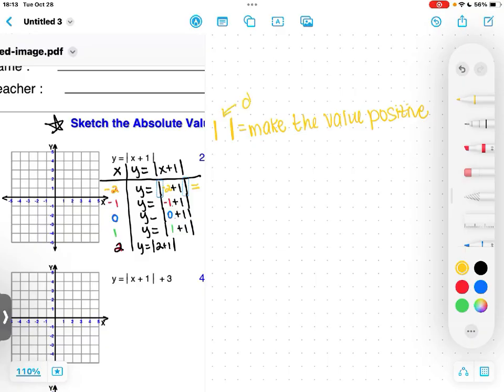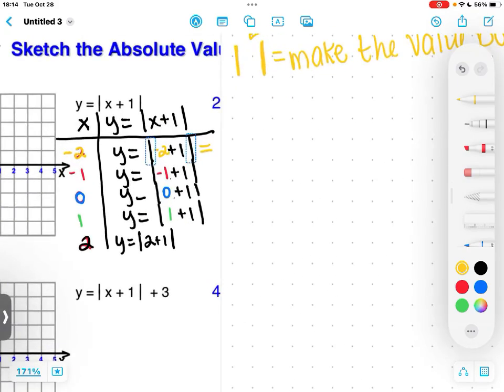What absolute value represents is distance, and distance is always positive. You can even think about it as a car. In a car, even if you drive backwards, your odometer will always go forward. There's a purpose for that. It's because distance is always counted as positive. So since distance is always counted positive, your absolute value will always be a positive number.